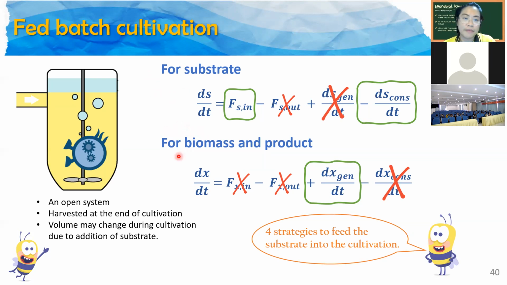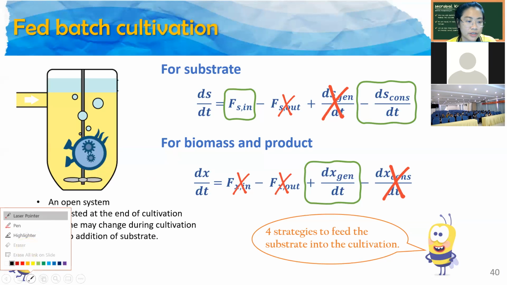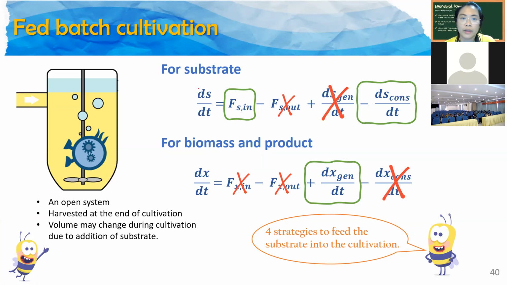In fed batch cultivation, you can do the mass balance for the substrate, the biomass, and also the product. For the substrate, the change of substrate depends on several terms. We have 4 terms for the mass balance. Since there's something coming into the system, you have the flow of substrate in.